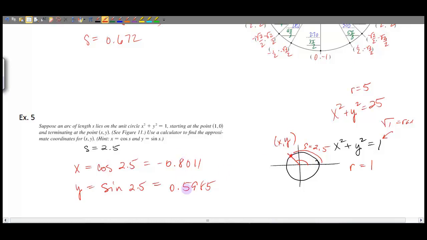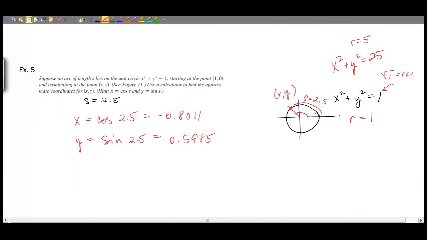So let's check that concept by looking at this a little differently. We know that the arc length is given in radian measurement. So one more thing we want to check. Oh, that doesn't look good at all. Let's just check this.